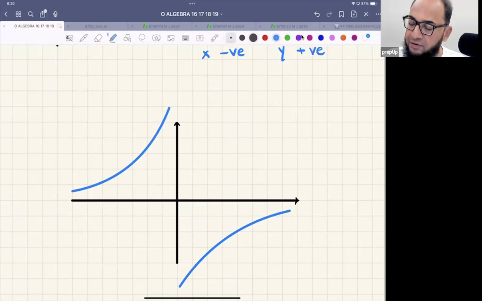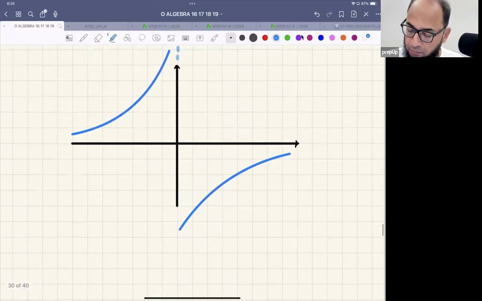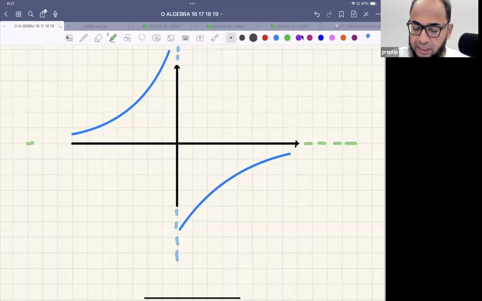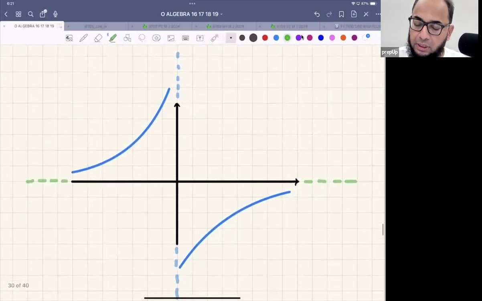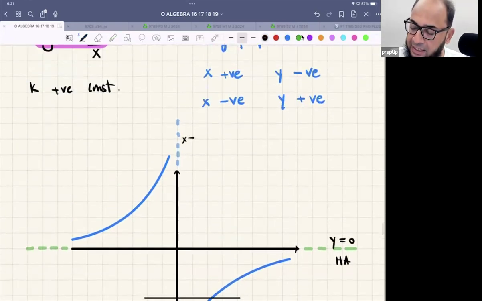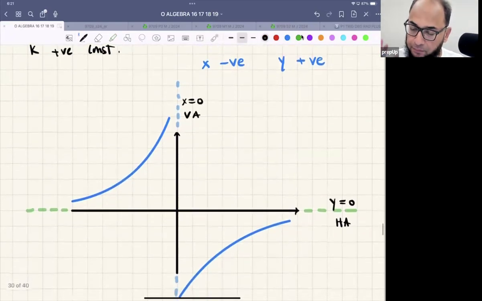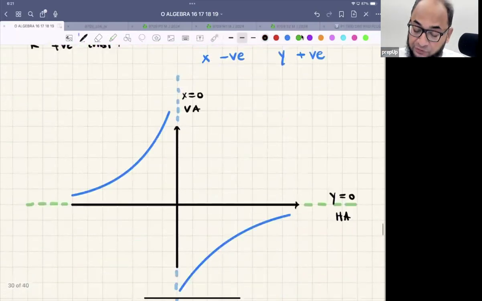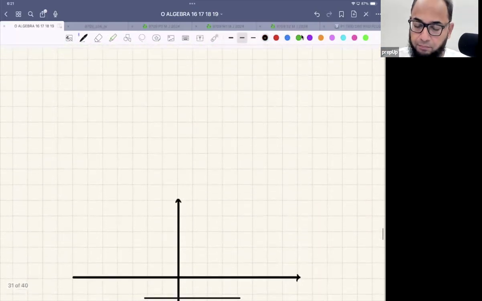So over here, we have this blue asymptote and this green asymptote, the horizontal asymptote and the vertical asymptote. This is y equals 0, the horizontal asymptote, and x equals 0, the vertical asymptote, and that's how the graph is drawn.